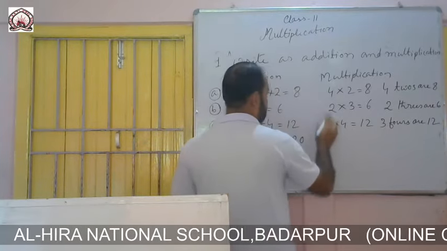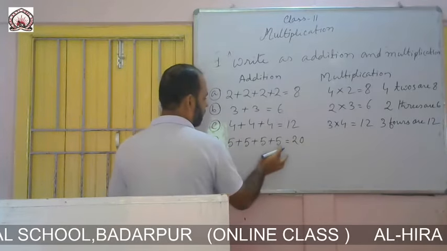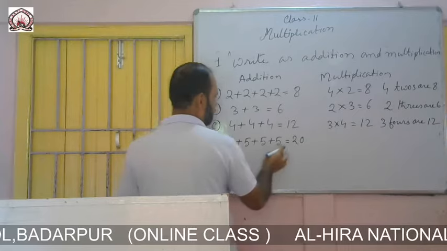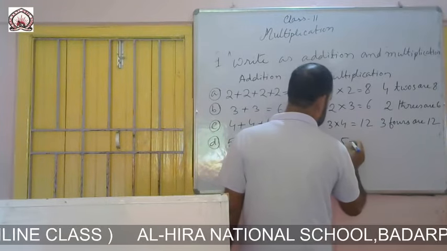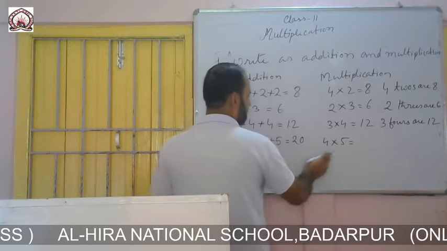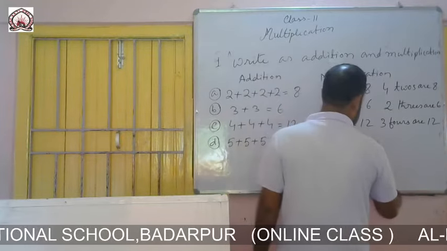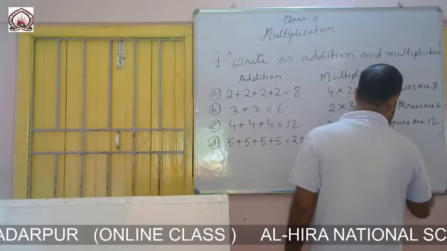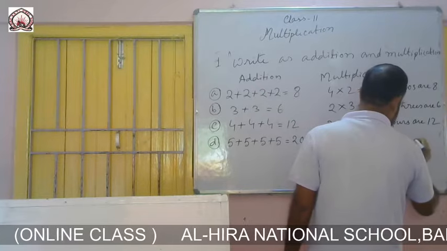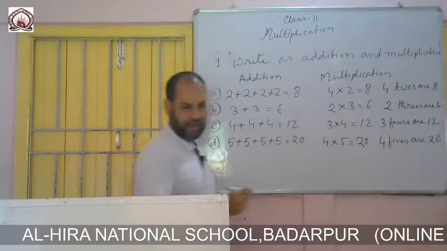So in multiplication we write 5 how many times? 1, 2, 3, 4. 4 times 5. So 4 5s are 20.